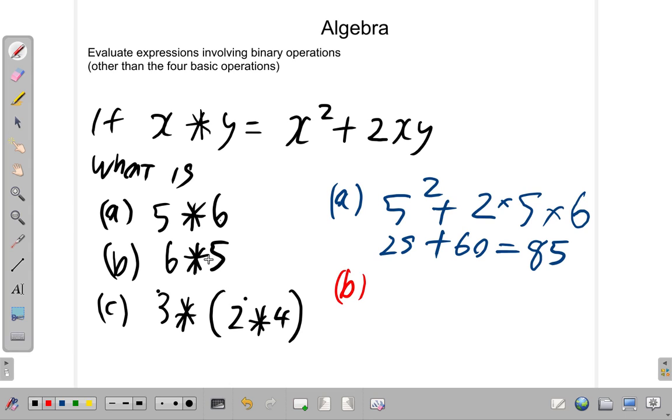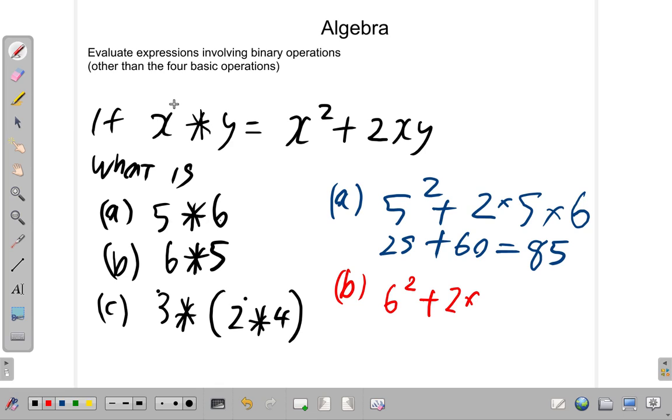6 asterisk 5. A was 5 asterisk 6. Now it's 6 asterisk 5. 6 is first in the same position as x. So whatever you do with x over here, you're going to do with 6. So it's 6 squared plus the 2 times x.